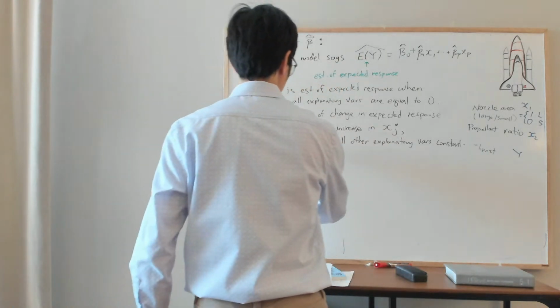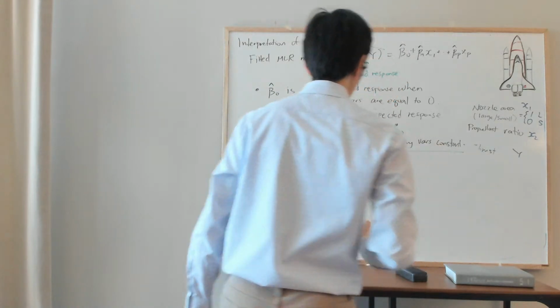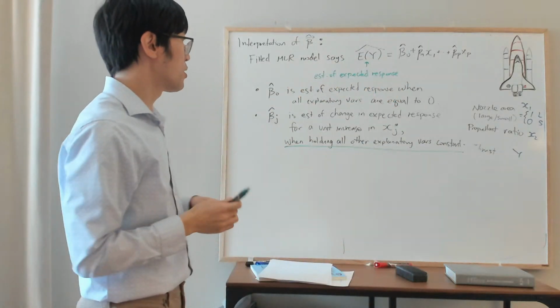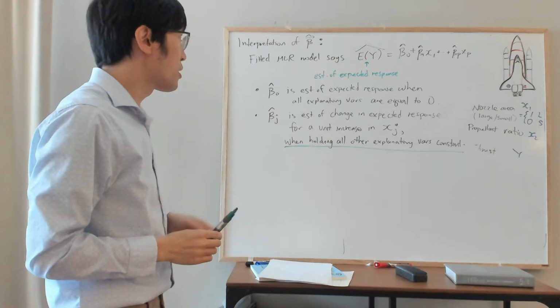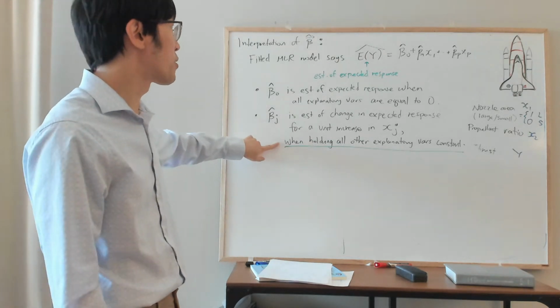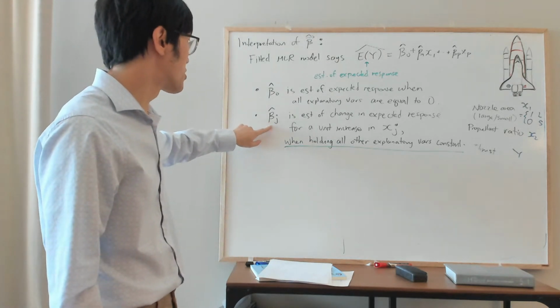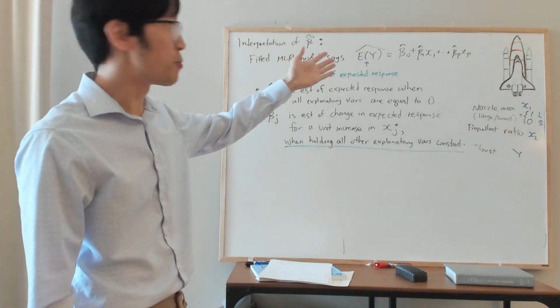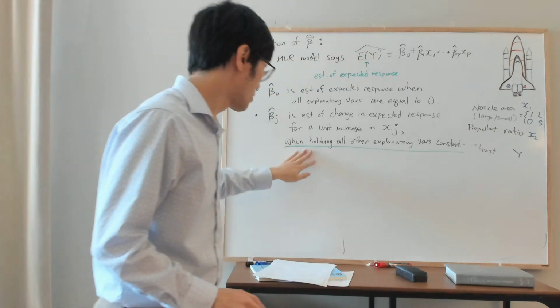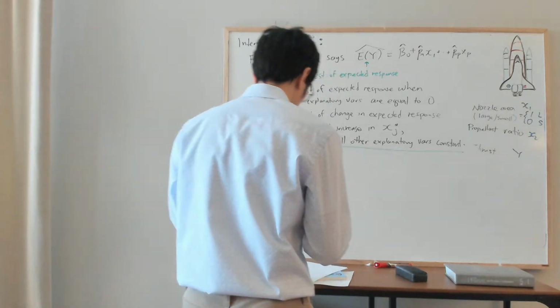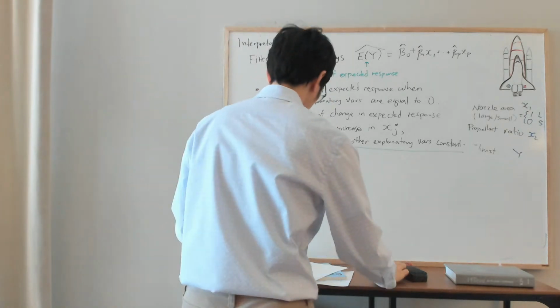This part is required so that the interpretation only makes sense when we don't change the other x values.